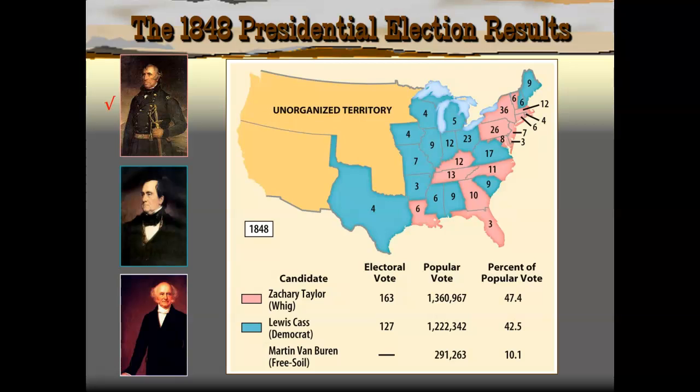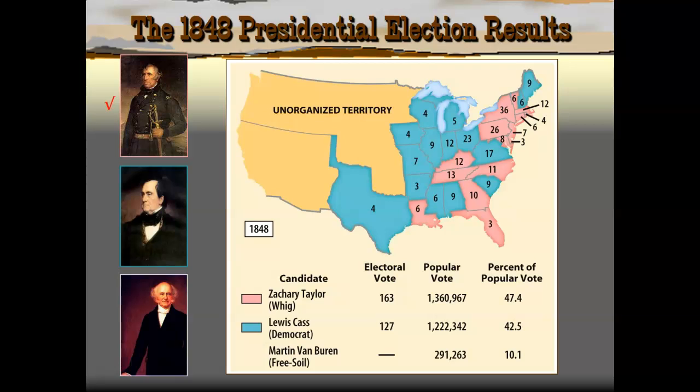Before Polk left office, he didn't do anything about organizing California or New Mexico into territories, mainly because of slavery. And now, all of a sudden, you've got California ready to apply for statehood almost, and they've never even been organized into a territory, much less a state.